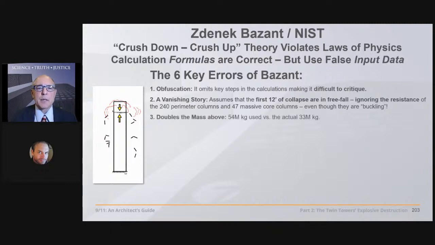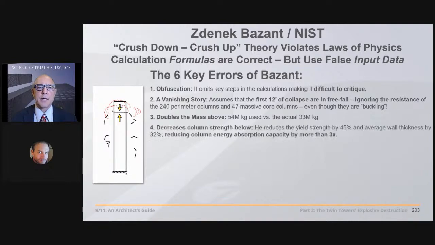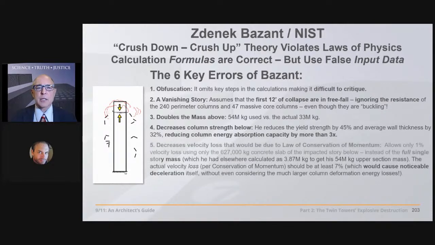That's fraudulent. Double the mass up above to get it to crush the structure below. That's fraudulent. They decrease the column strength below by 3 times. That's fraudulent. And they decrease the velocity loss that would have occurred due to the law of conservation of momentum with one floor hitting another.